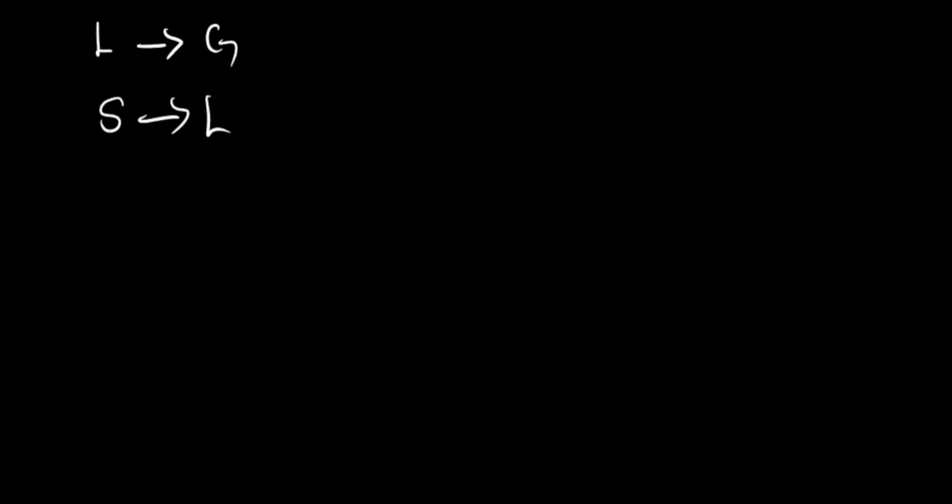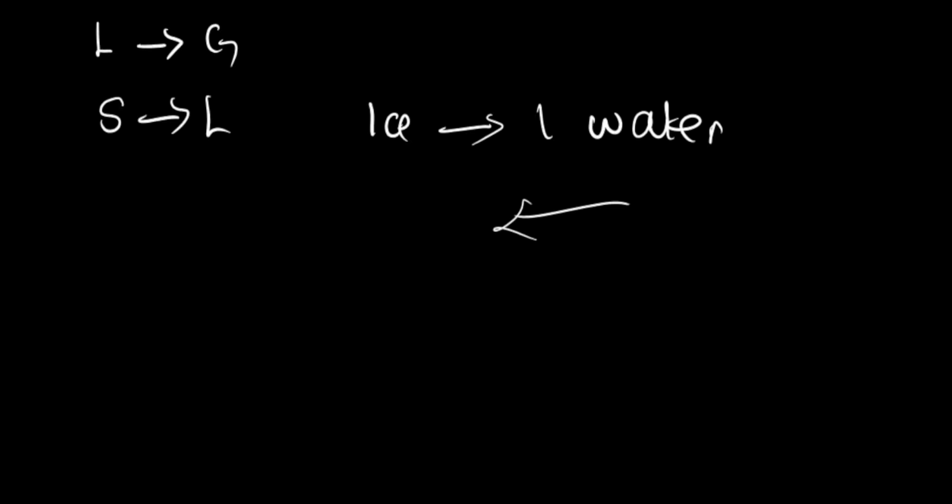They are more arranged than the particles within a liquid. And this is why if we have an ice cube, it's more likely that the ice cube would melt into liquid water than for the reverse process to take place. Okay, so this from ice to water is more so a spontaneous reaction than from water to ice.